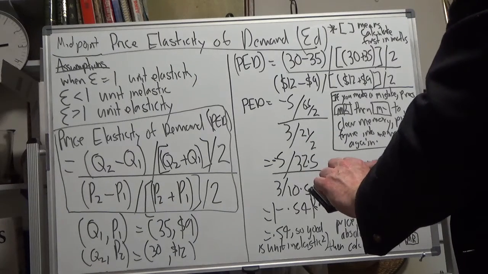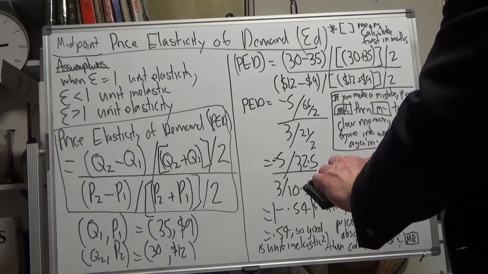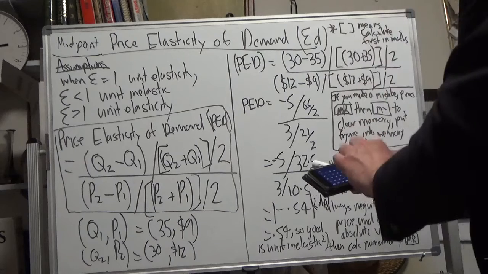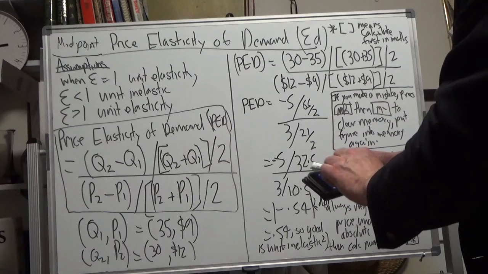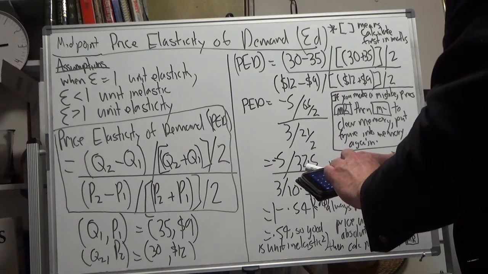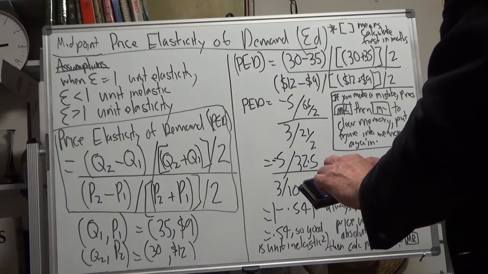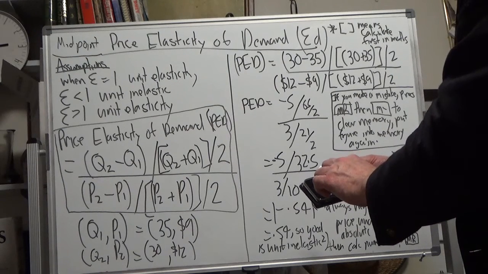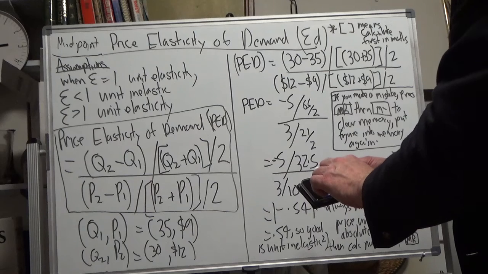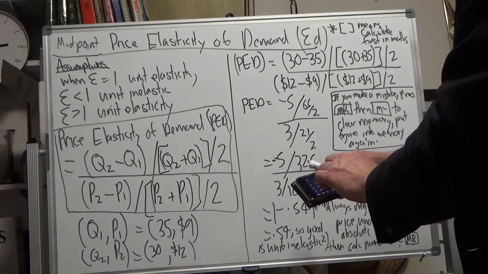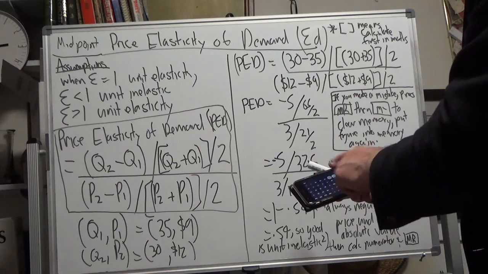So put 3 over 10.5 first, right? And put that in the memory plus, and then press C to get it all 0.